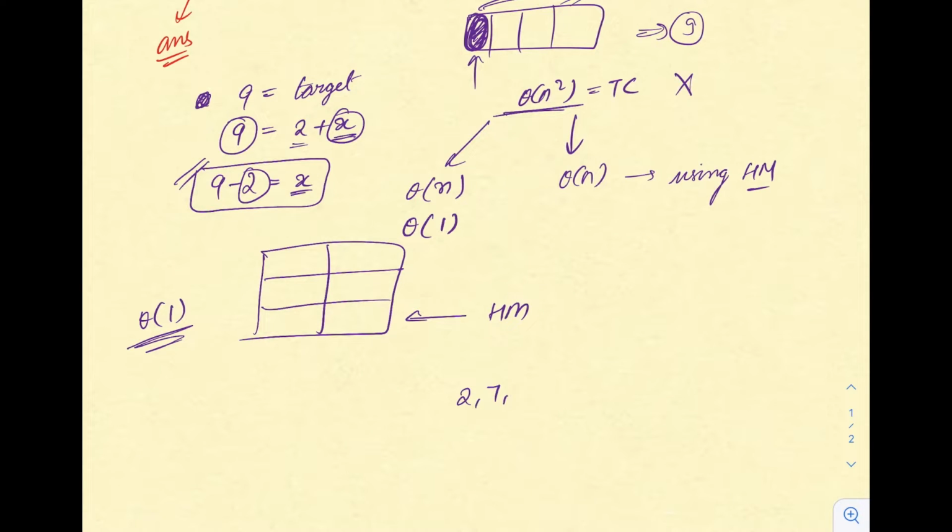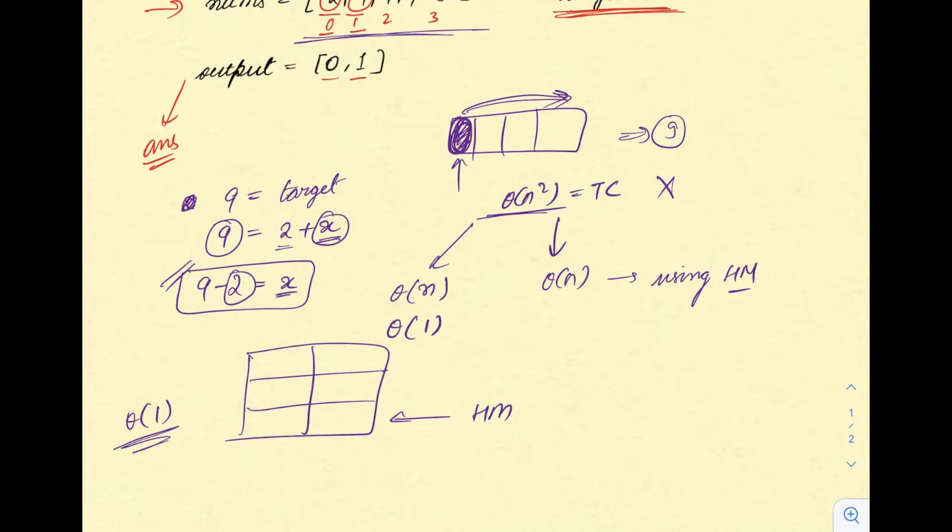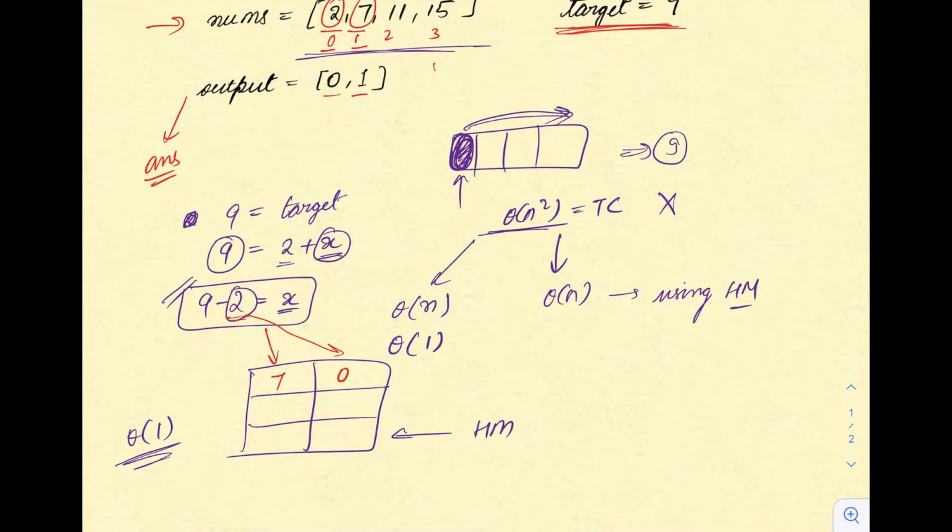So what we will do is, one by one, as we traverse over these array elements, we will store their counterparts in the hash map. Hence in the hash map what we will be storing is the counterpart's value. So for 2 the counterpart is 7, so we will store 7 and the index value of 2, which is 0 in this case. Let's take a use case different from this one, because with this one you will not be able to see the entire picture.